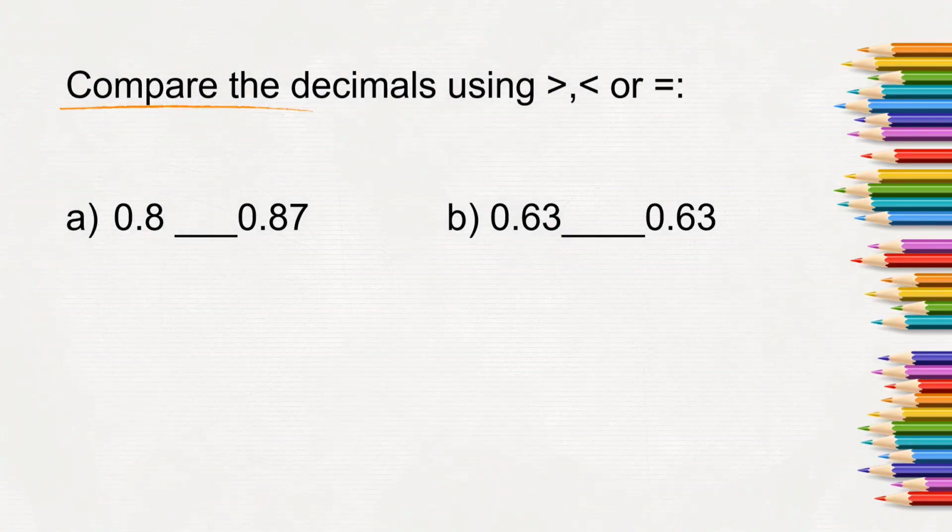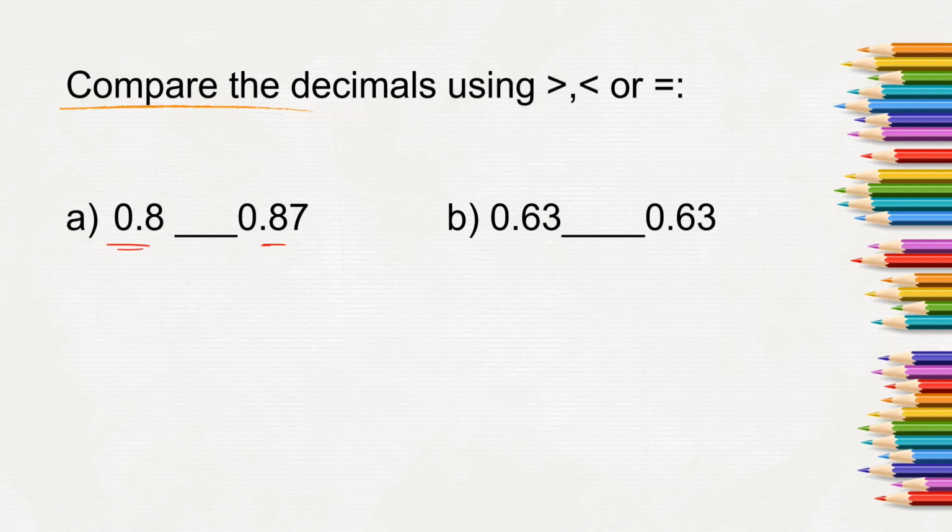Next, compare the decimals using greater, lesser or equal sign. Here 0.8 and 0.87 we'll have to compare. First of all, you will look at the whole number. In the whole number place it is 0, so both are equal. Then we'll move to the tenths place. In the tenths place also it is 8. Then we'll have to move to the hundredths place. There is no number here in the first number, but in the second number 7 is there. So can we say it is greater? Yes, we can say.